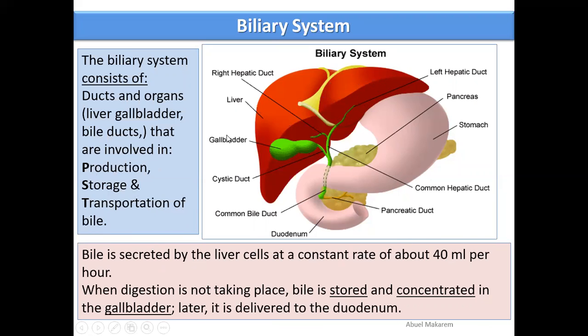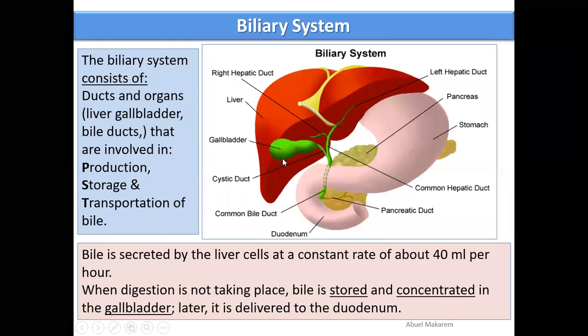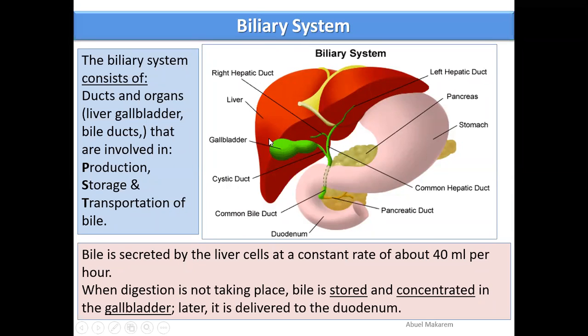Bile is secreted by the liver at a constant rate of about 40 ml per hour. So the liver cells have the capacity to produce bile. When digestion is not taking place, bile is stored and concentrated in the gallbladder. The bile produced in the liver passes through the hepatic ducts to the gallbladder and is stored there, when there is no actual digestion of fat.